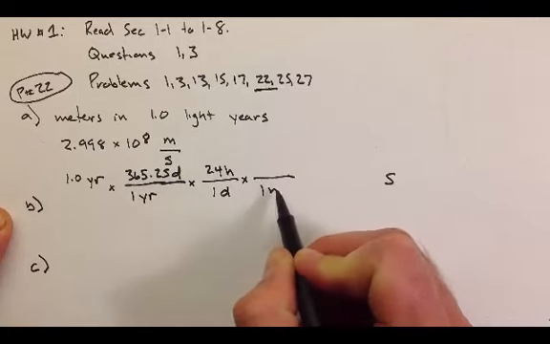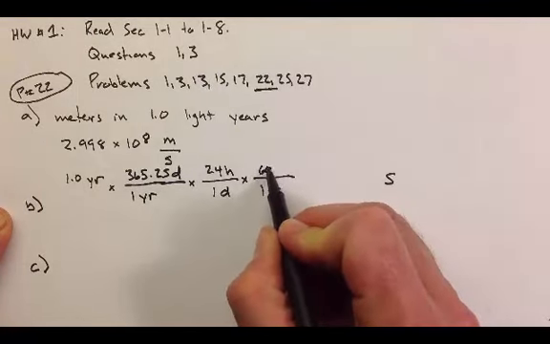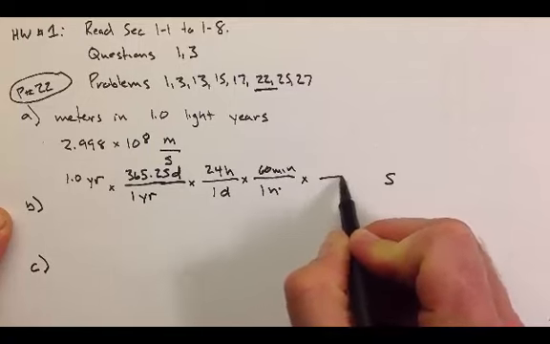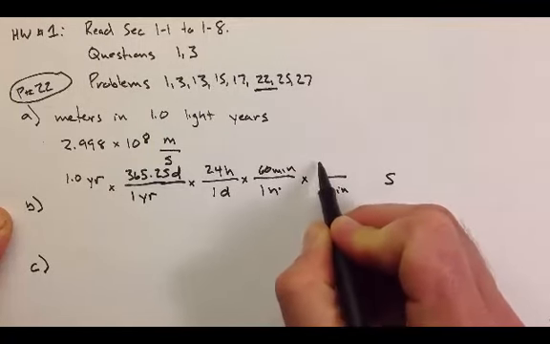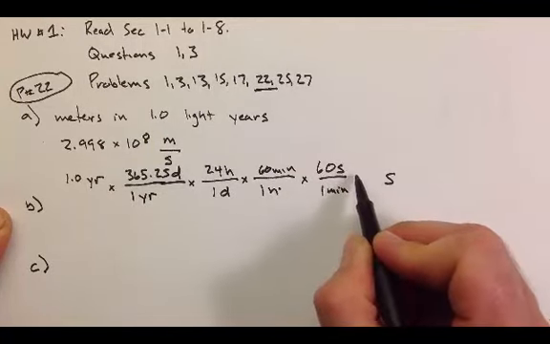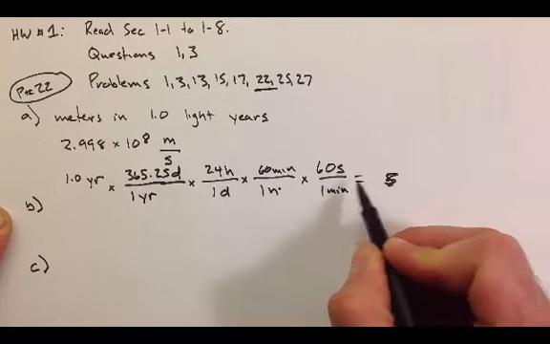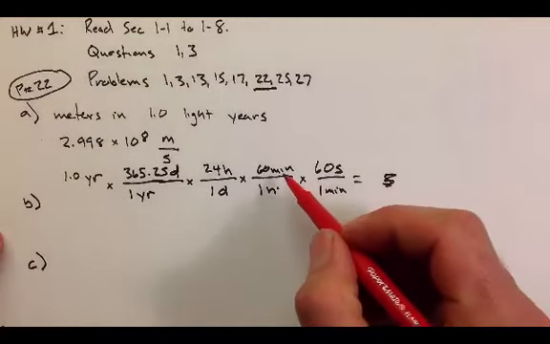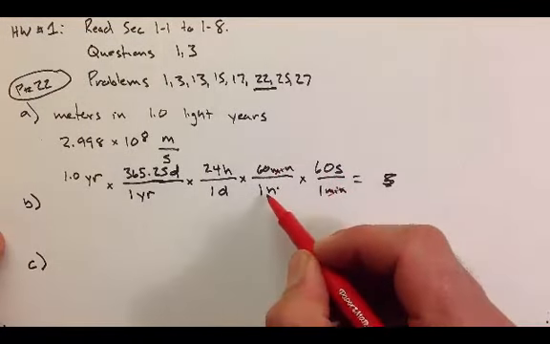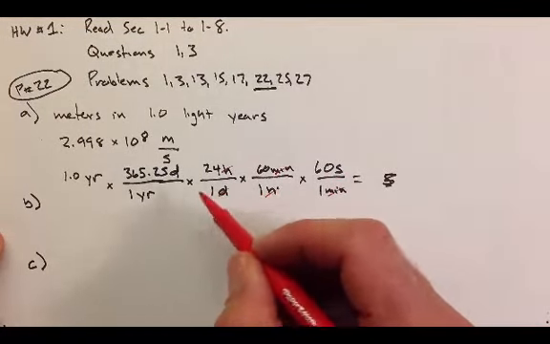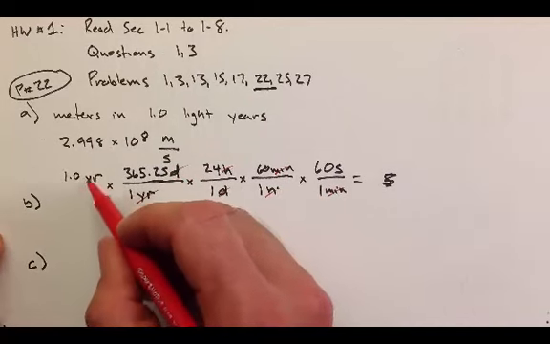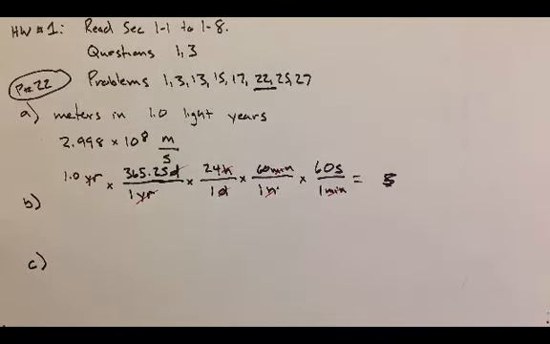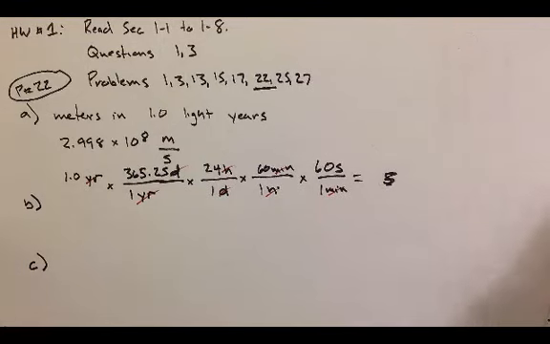In 1 hour, there are 60 minutes, and in 1 minute, there are 60 seconds. Notice here, I have the unit I want up top, and all the other units that I don't want, I've written out in such a way so that they cancel out. So you've got a unit on the top and the bottom that cancel out.